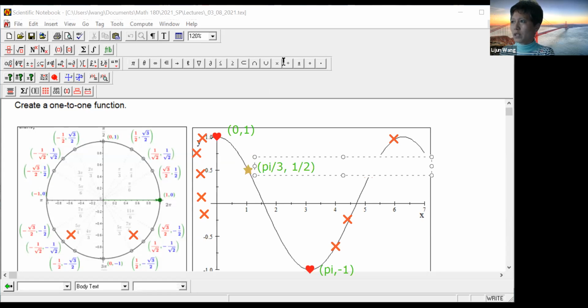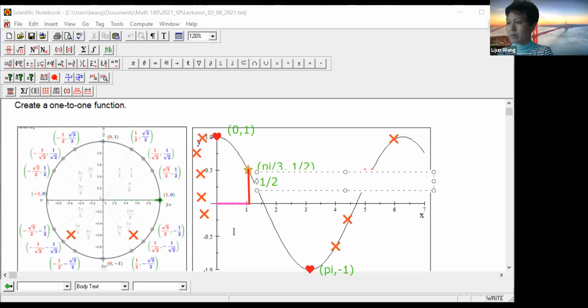Okay, what is pi over 3? Right? This is pi over 3. And what is a half? This red is a half. Okay, this red is half.